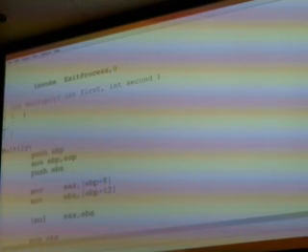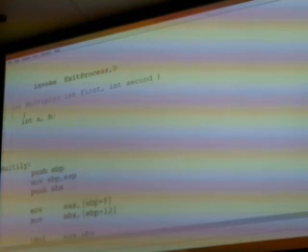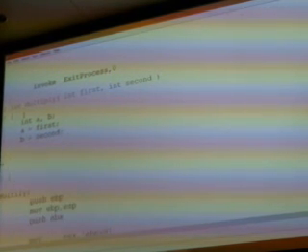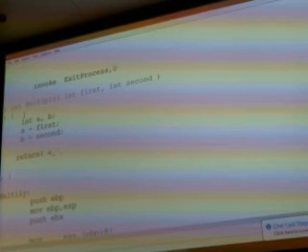So we don't really have to do this, but we're going to have A equals first, B equals second, return A times B. I know that's way more complicated than it needs to be.